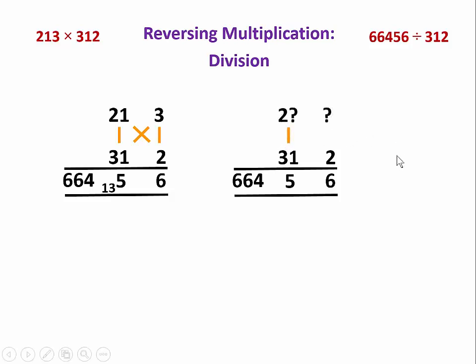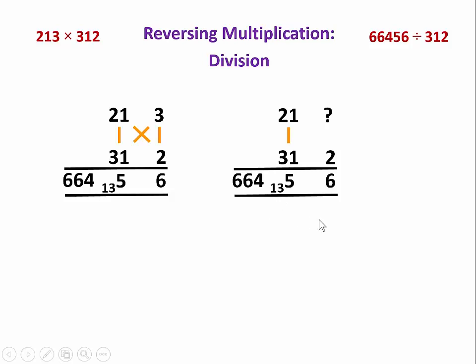And in fact 2 31's 62, and so if we take the 62 away from here, we're left with 44, and so the other digit that goes with that 2 must be a 1, because there's only one 31 in 44. So that's 21, and once we take the 31 from the 44, we're left with 13 to carry forward like that.